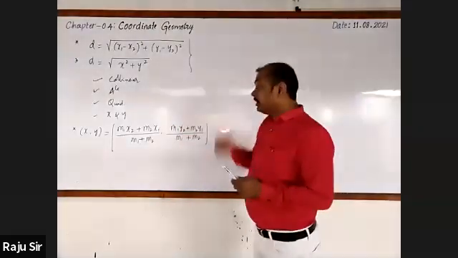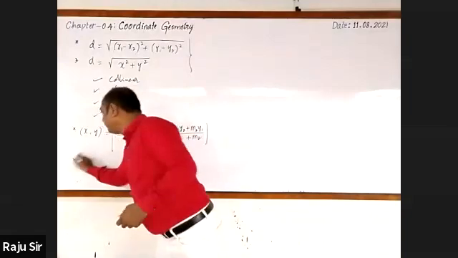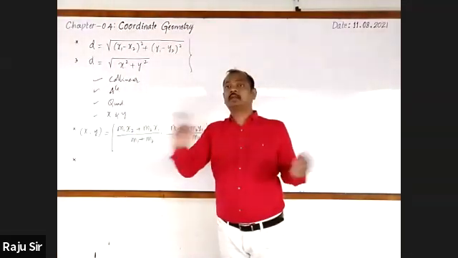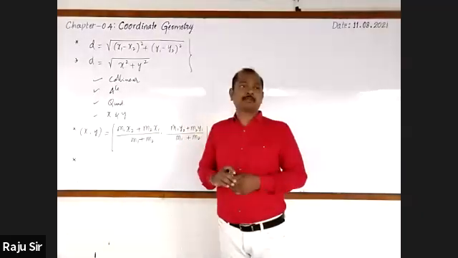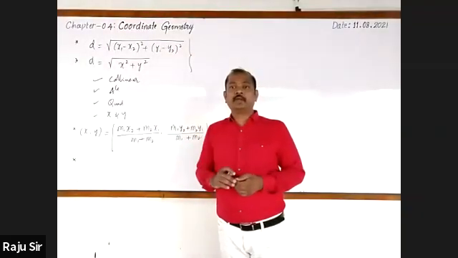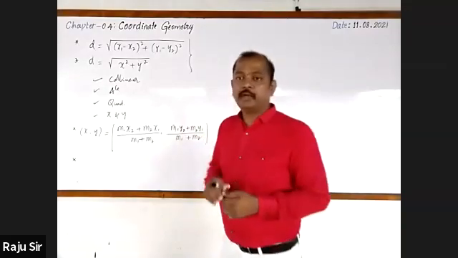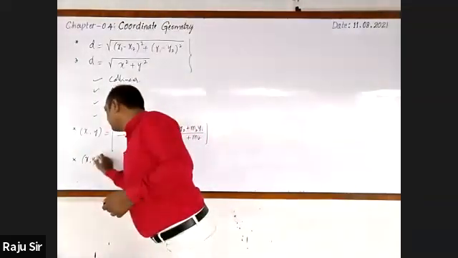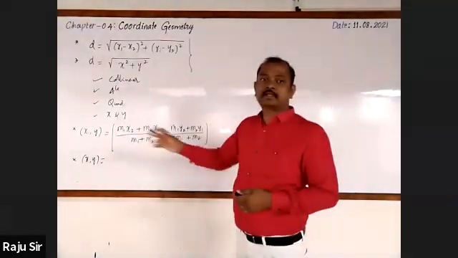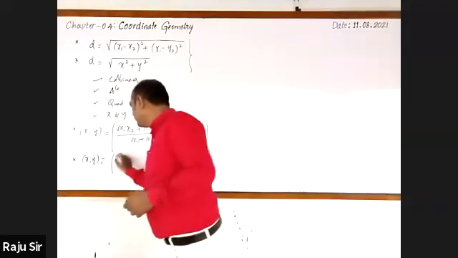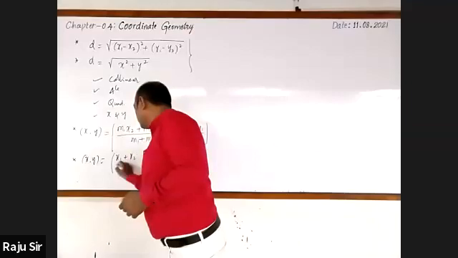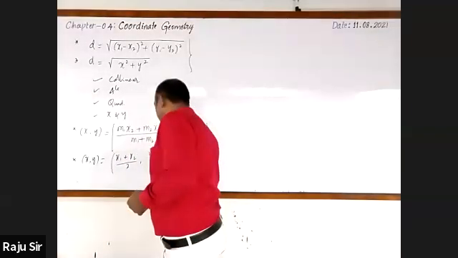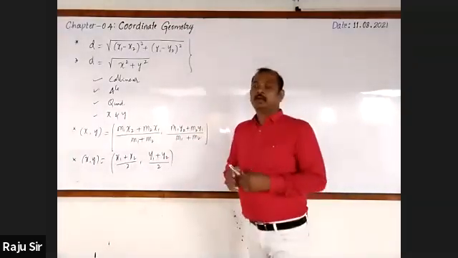And if the point divides the given line into two equal parts, then we call that point the midpoint. Then how do you find the coordinates of the midpoint? Using the midpoint formula, that is (x, y) equal to ((x1 plus x2) by 2, (y1 plus y2) by 2), right?